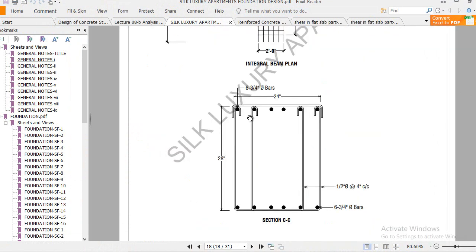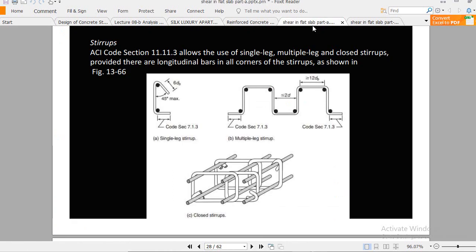You see these bars here: each of these horizontal bars should be confined by these corners. This is the ACI code criteria, and each bar is confined by the stirrup. This is important.